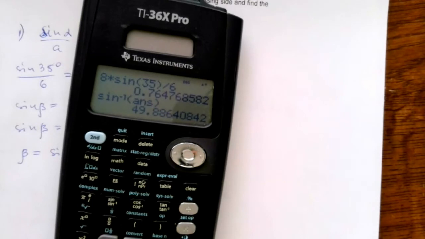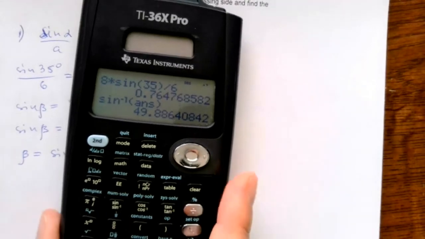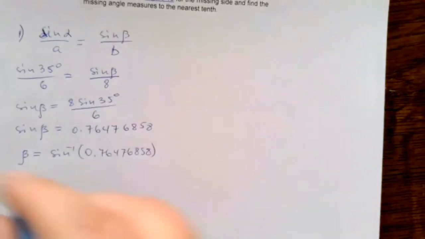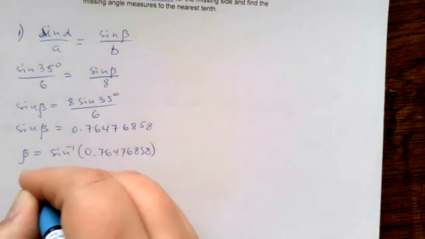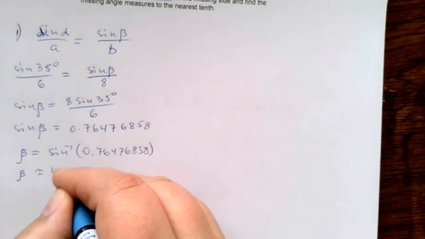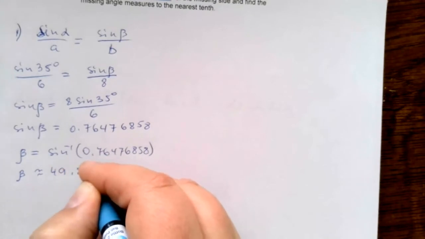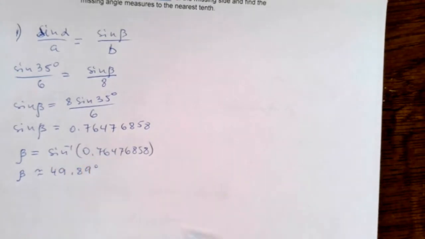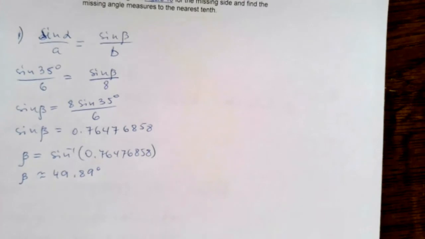This gives me 49.8864, and so forth. So beta is approximately 49.89 degrees. Let's round to 2 decimal places.